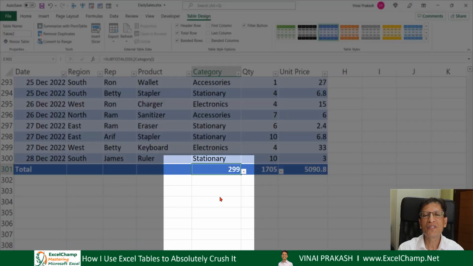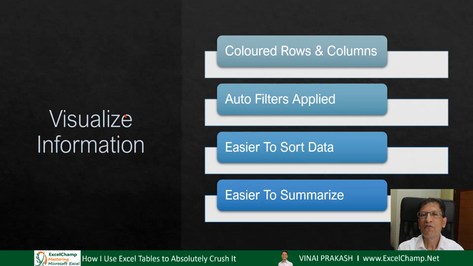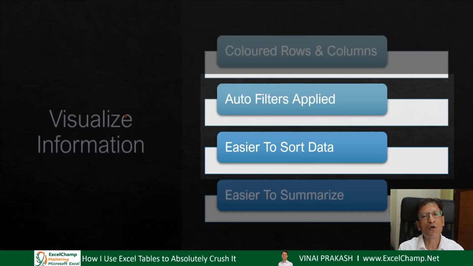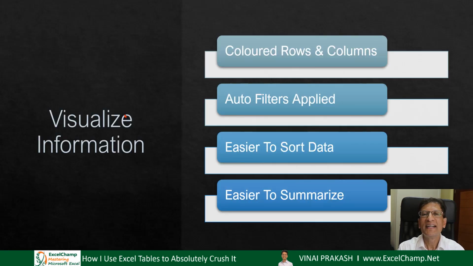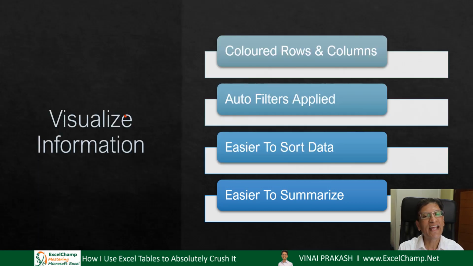So if I do a count, we know that there were 299 items that were sold. How easy is that? So these are some of the visual features that I have shown you. So to summarize, we have colored rows and columns, auto sorting and auto filtering, and also it's pretty easy to summarize this data. That's just the visual candy.